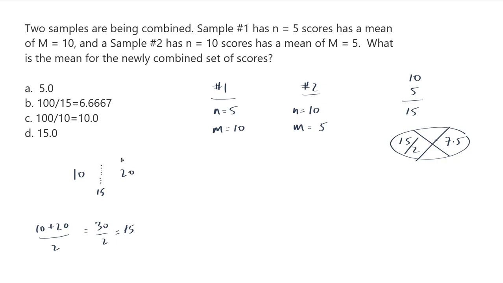But what if you have more than one 20-year-old? What if you have two 20-year-olds? Certainly that's going to bring the average age of the whole group up because you have more older people now. If I did 10 plus 20 plus 20 again and divided this by 3, I'm going to end up with 50 divided by 3, which is roughly 16.67.